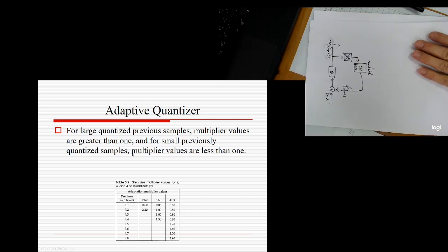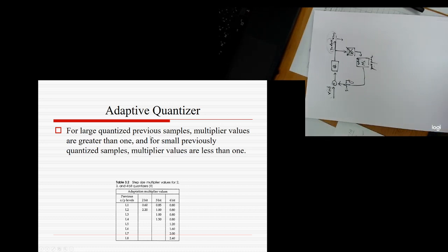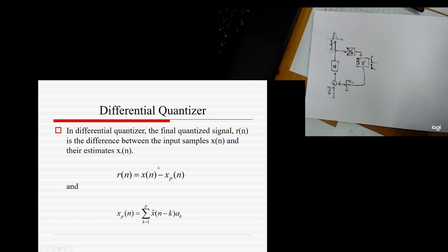So for a large previous quantized sample, the multiply value is greater than 1, or for smaller, less than 1. This one just shows you some examples here. Another one we call the differential quantizer. Why do we call it the differential quantizer? The big idea is that neighboring signals have some correlation.